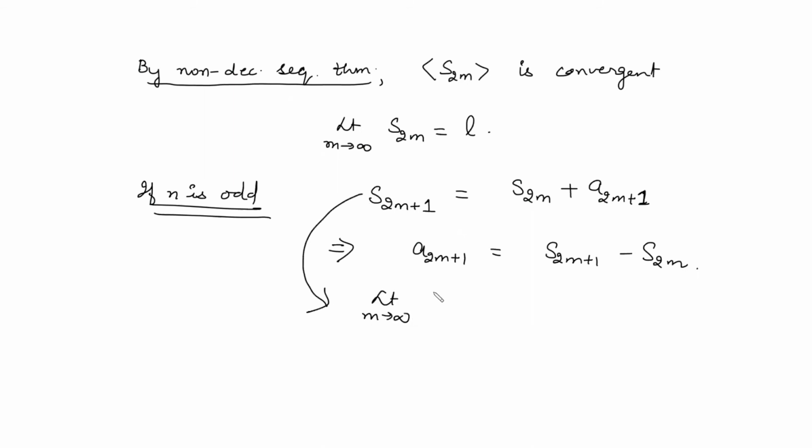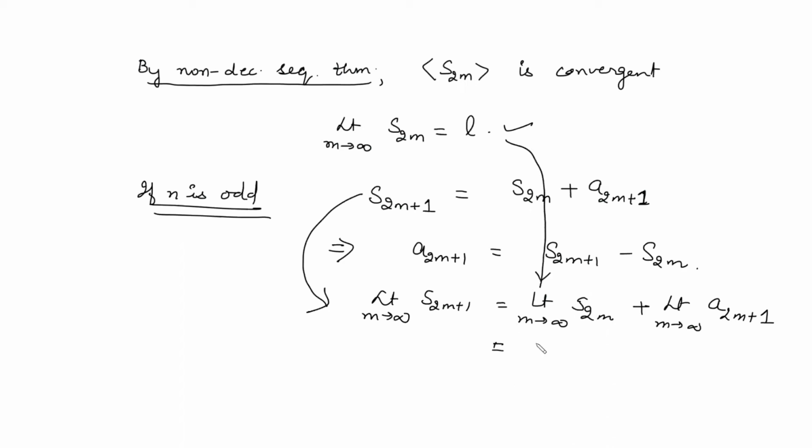Or from here also you can find the limit. When you take the limit as m approaches infinity on both sides, what will happen? You will have that the limit of s2m+1 is the same as the limit of s2m plus the limit of a2m+1. Now this is approaching L, so we can substitute L. This term is going to 0 by the third condition, that the nth term approaches 0 as n goes to infinity.